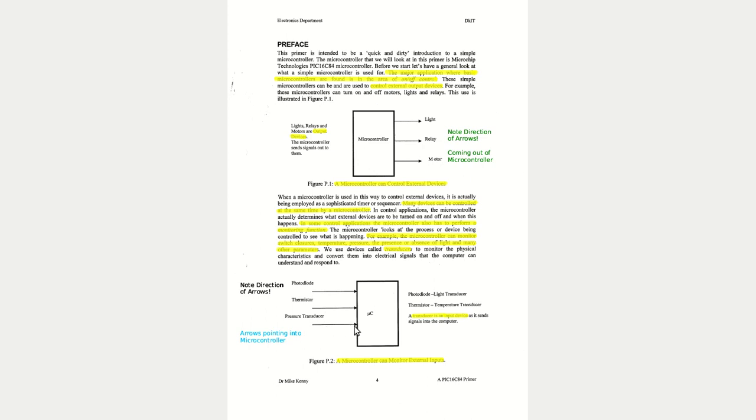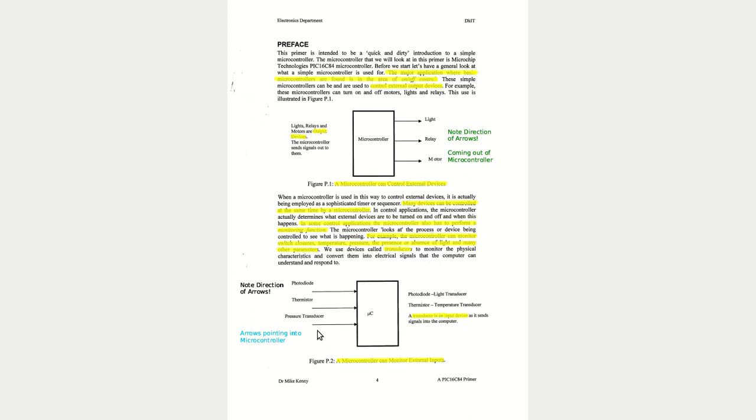Again, look at the direction of the arrows. The arrows point into the microcontroller, and these are known as input devices. We can get the microcontroller to take readings of the light level, the temperature, and the pressure in a room, and we can use that to make some decisions. So we can connect output devices to the microcontroller, as shown in figure P1, and we connect input devices to the microcontroller, as shown in figure P2.